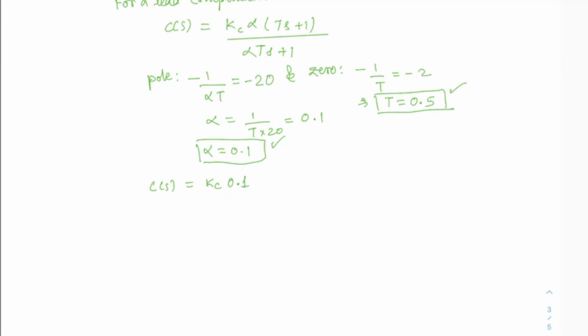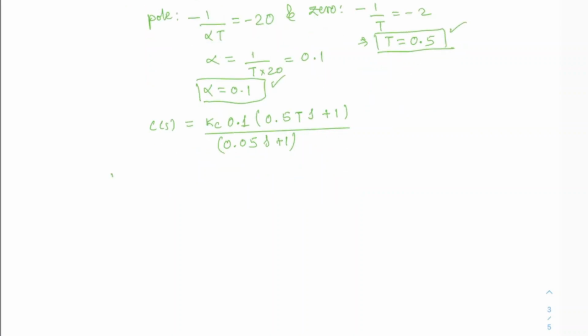Kc into 0.1 in bracket 0.5 Ts plus 1, and alpha into Ts would be 1 by 20, so 0.05 into S plus 1. So now we have been asked the corner frequencies.